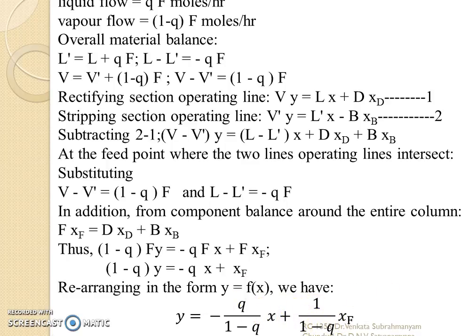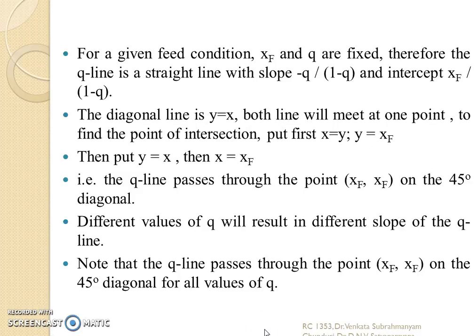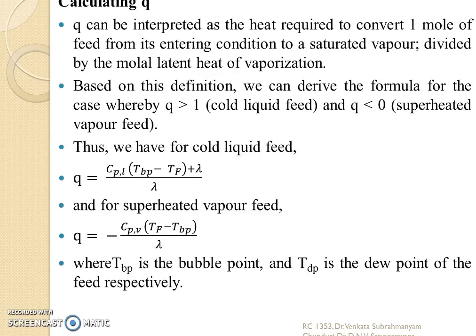This is the slope of the operating line, and this is the intercept. So you can conclude that the line passes through the position X = XF. If you draw the line, you will get the feed operating line, the feed Q line.